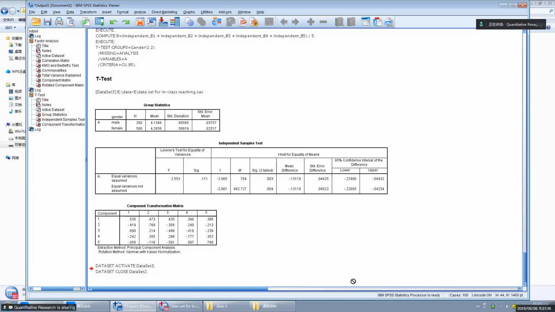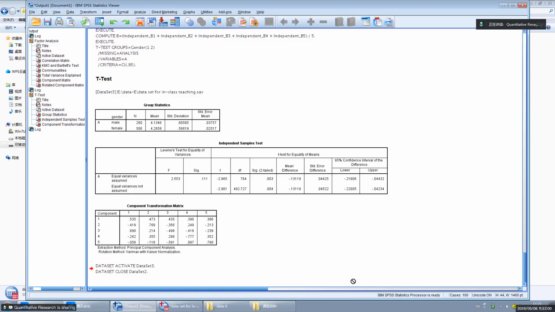Who scores higher? Female. So the final result is that females score significantly higher in A than boys.